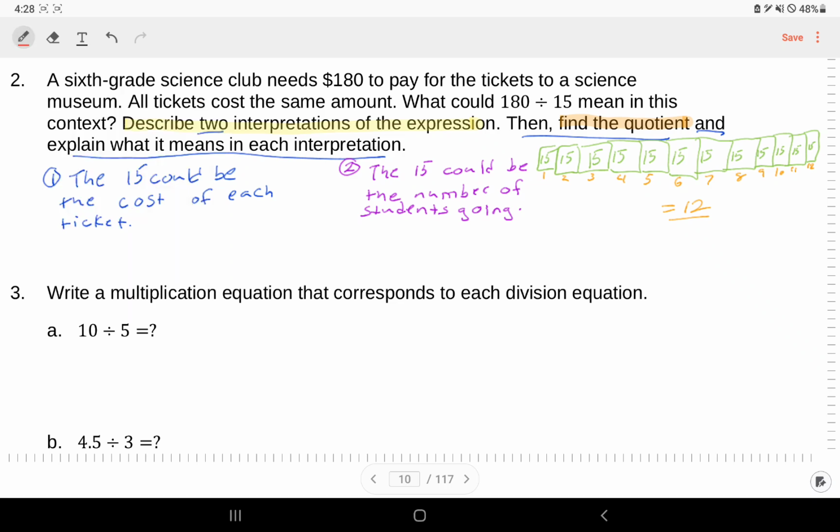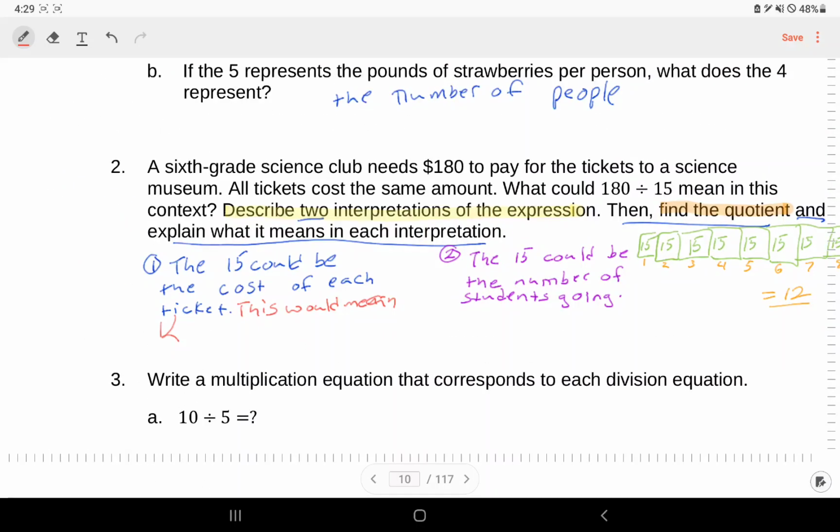Now, explain what it means in each interpretation. So the 15 could be the cost of each ticket. So this would mean 12 students were going.